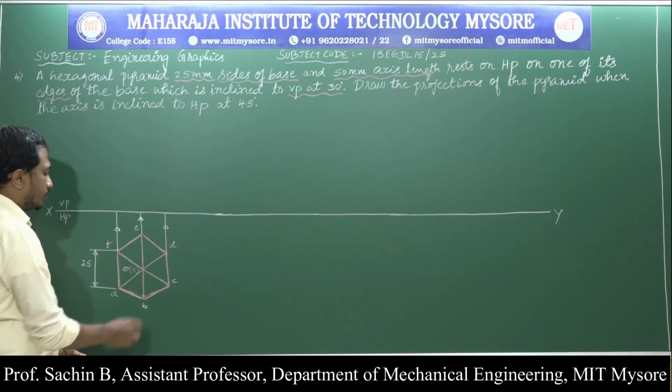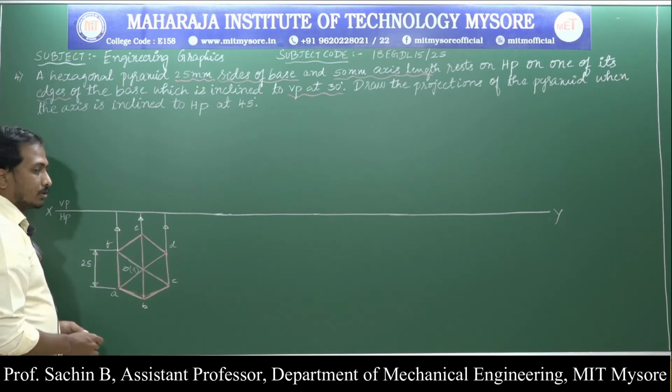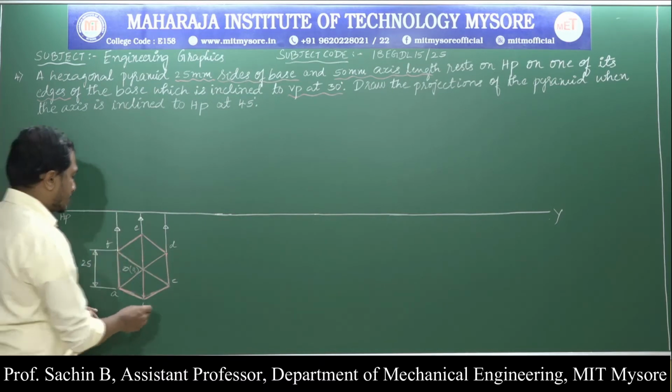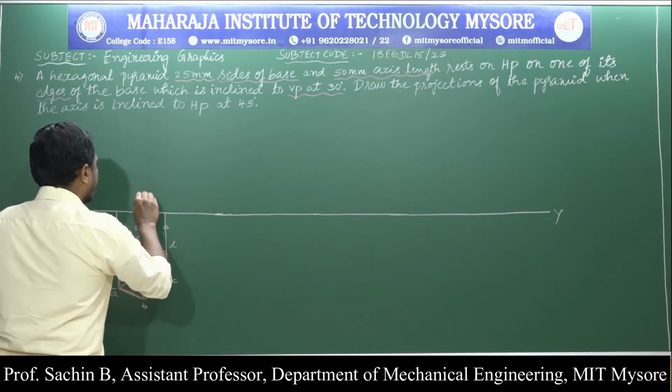O to B is the slant edge which overlaps the axis O to O1 and also O to E. Based on that, I am going to construct a visible line.